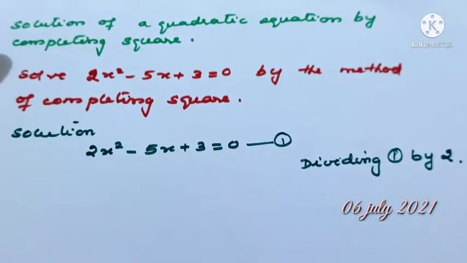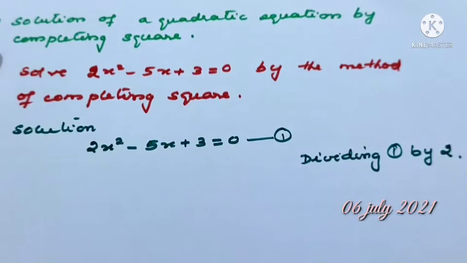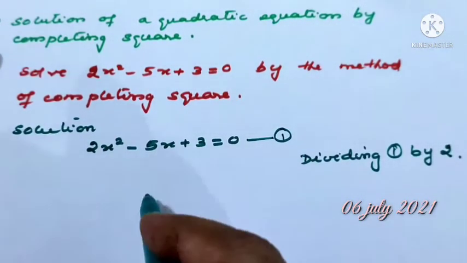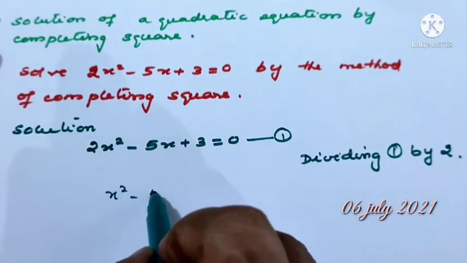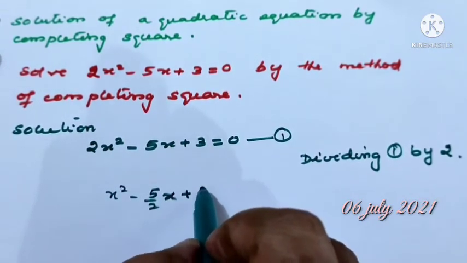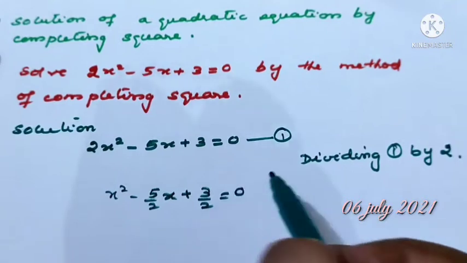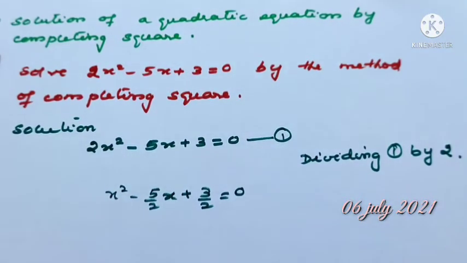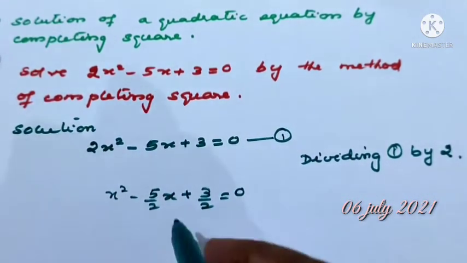We are making the coefficient of x square 1 only. So what is the equation now? x square minus 5 by 2 x plus 3 by 2 equal to 0. Just we have cancelled the coefficient of x square here, 2 by 2.